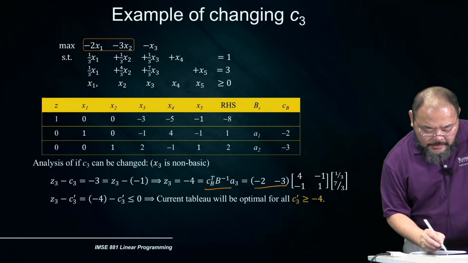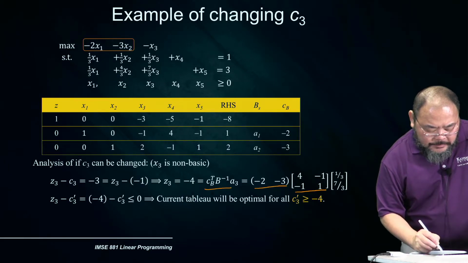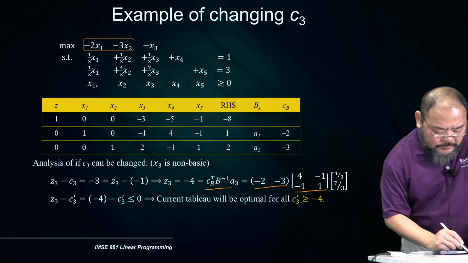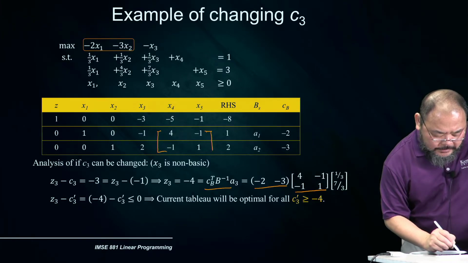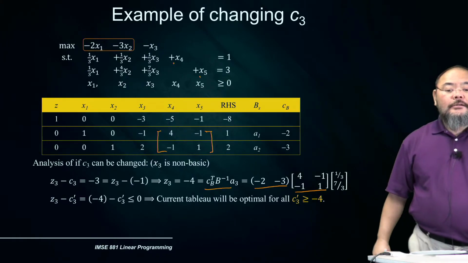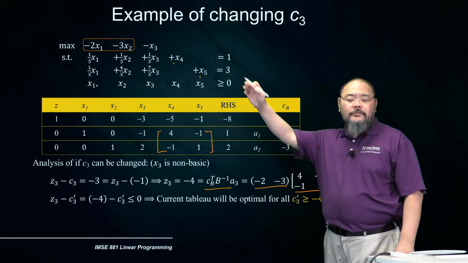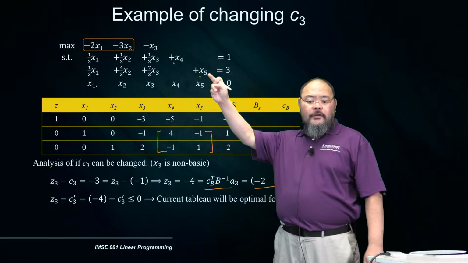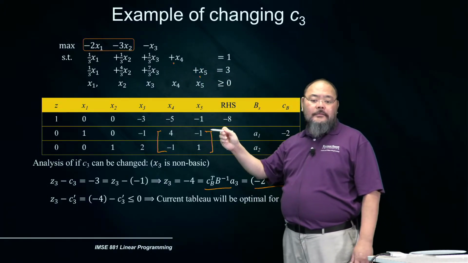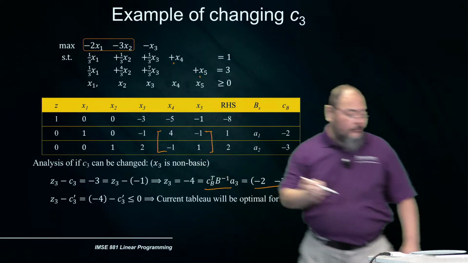We can calculate CB transpose times B inverse. Where's the B inverse? We can easily identify it, since x4 and x5 are slack variables, and at the slack variable columns here, this is the B inverse.